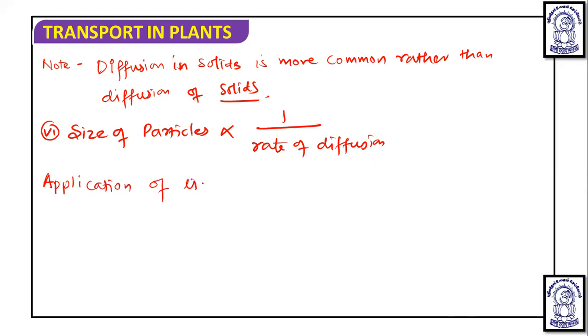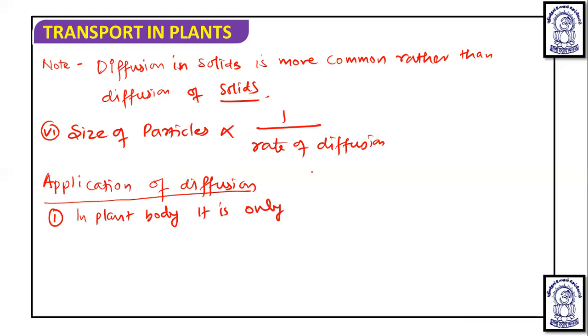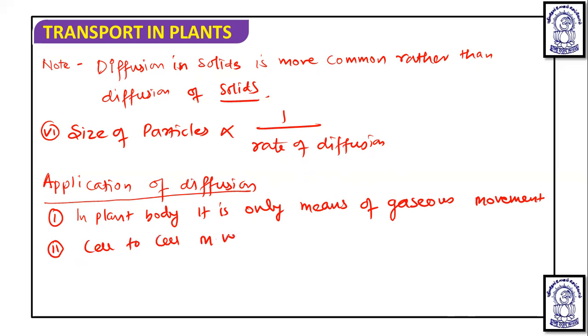So when we talk about the applications of diffusion, the first is that in plants it is the only means of gaseous movement in the plant body. Second, cell to cell movement.